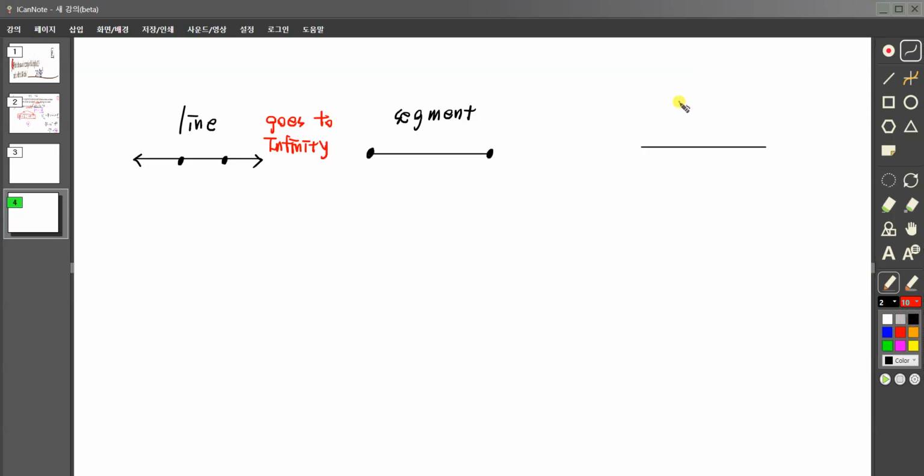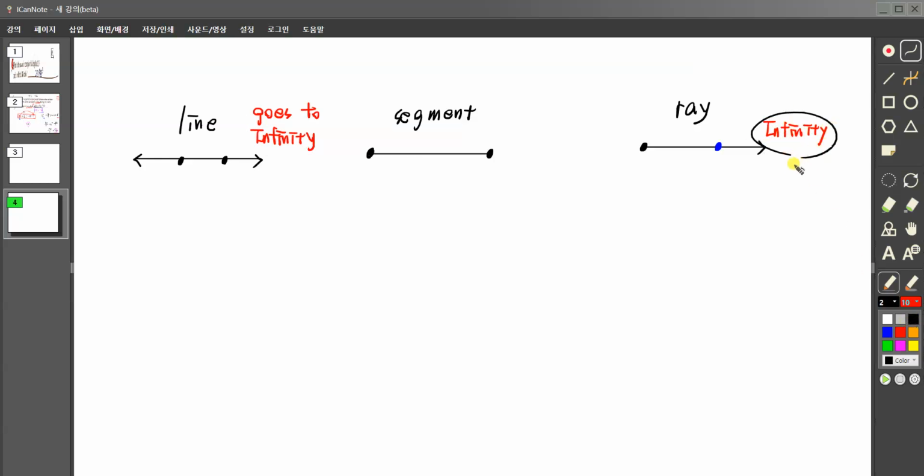And ray. Ray means it has a starting point, but never ends. The one side is infinity, we can call it this way.